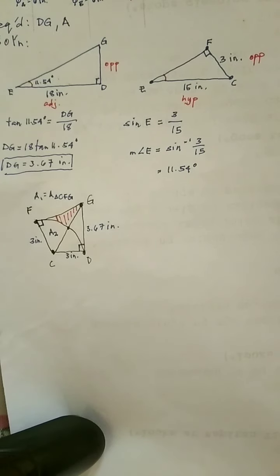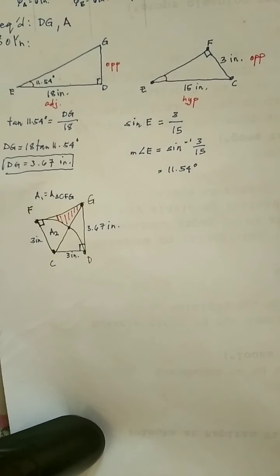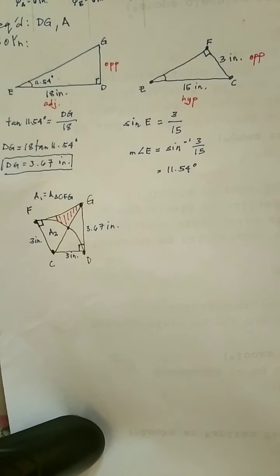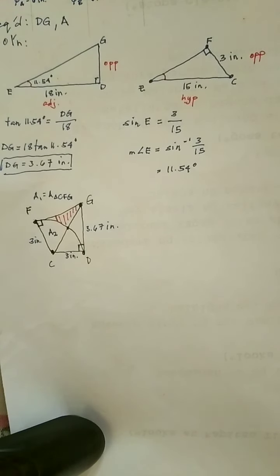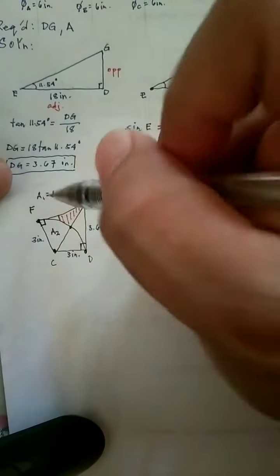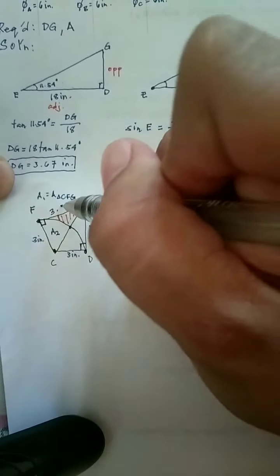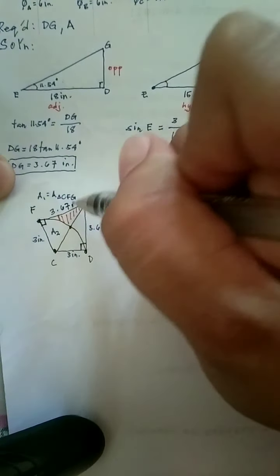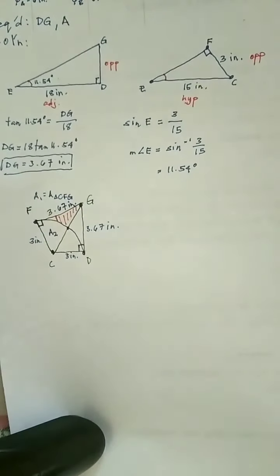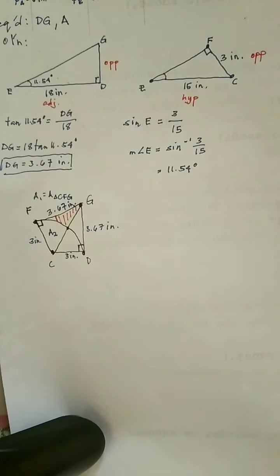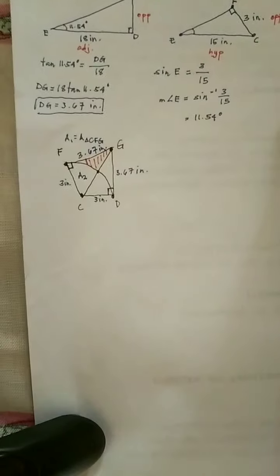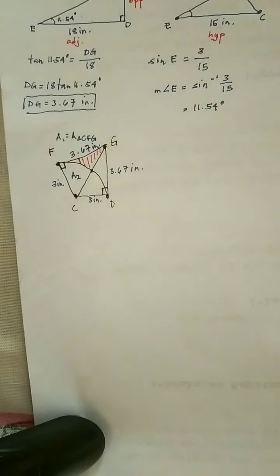Okay, so again, we have proven that CFG and CDG are congruent. So that means FG here is also 3.67 inches. Next is to solve for area 1 and area 2.